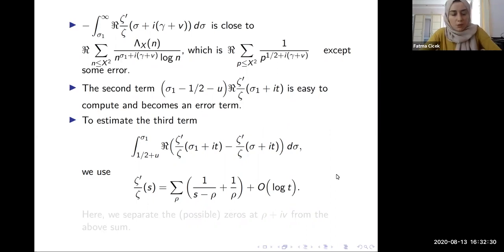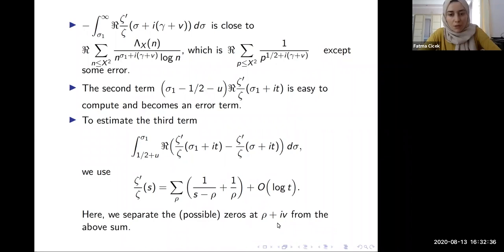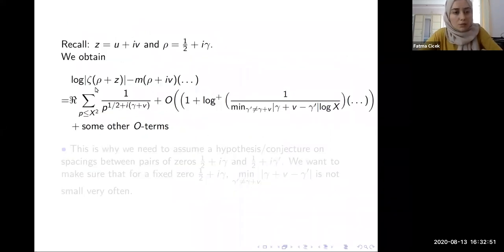And it turns out that what we need to do is that if rho plus iv is a 0, then we would need to separate that 0 from the sum over rho for the sake of our approximation. So we do that. So that term will come with the multiplicity of the 0 at rho plus iv, and it will come with some factor.